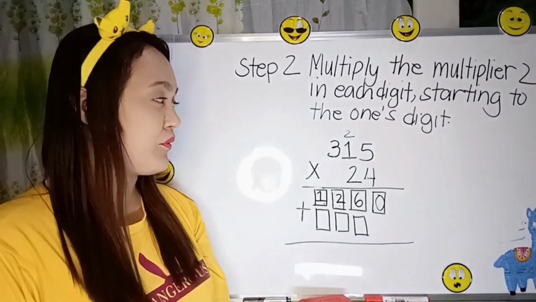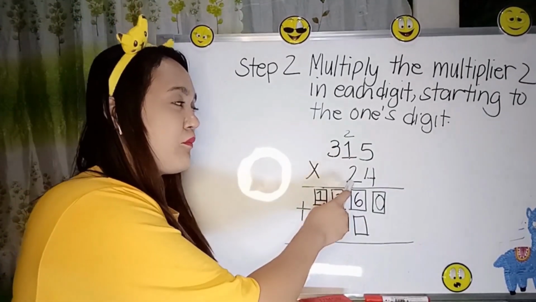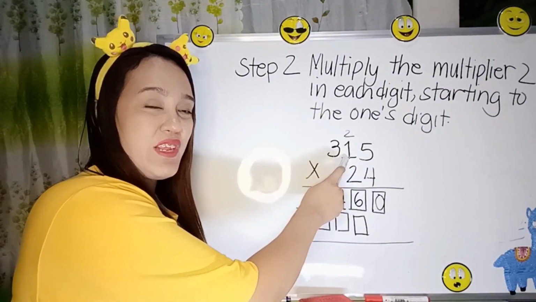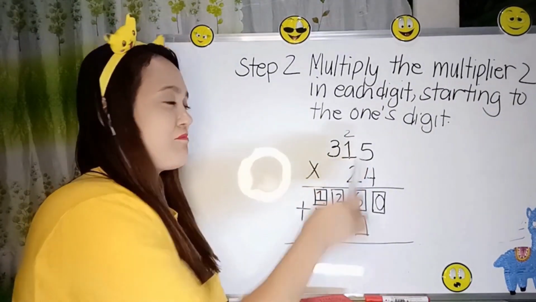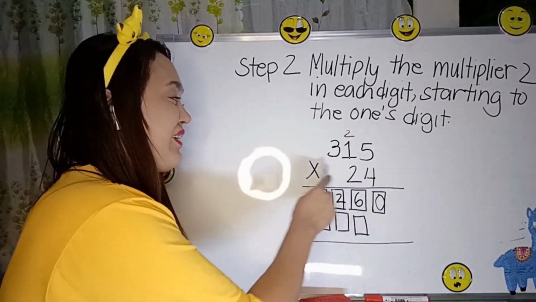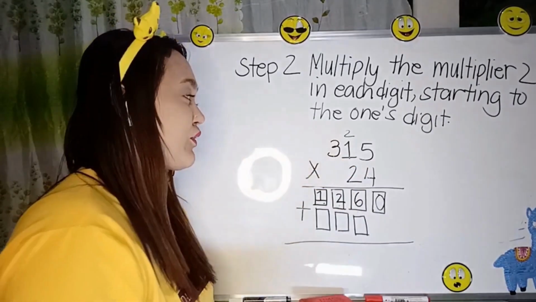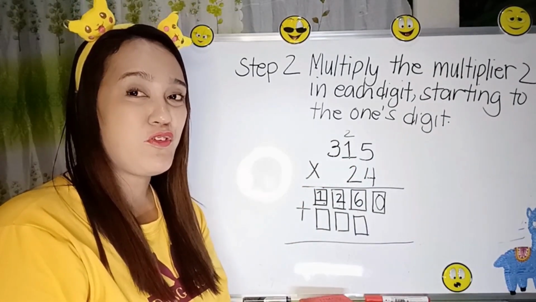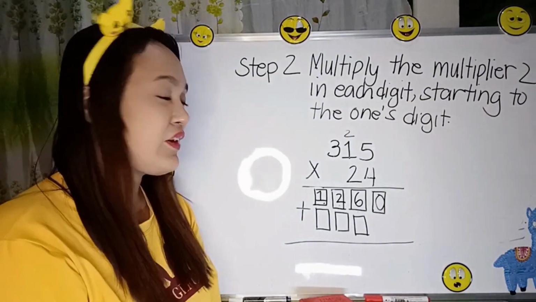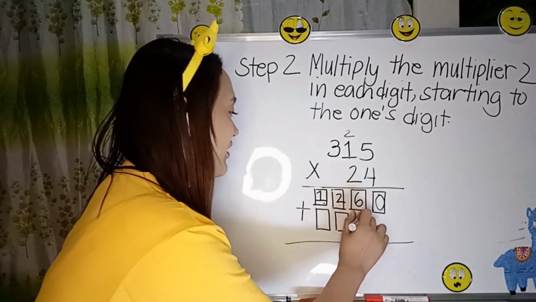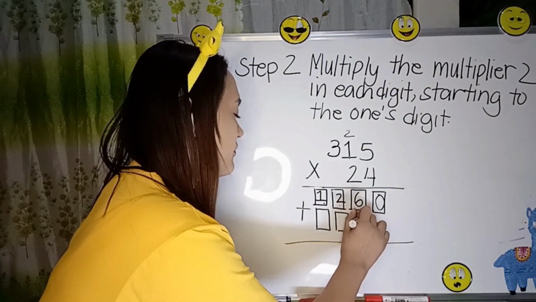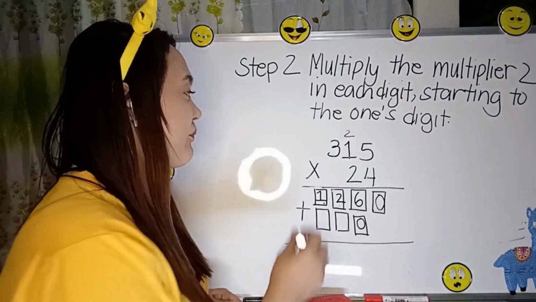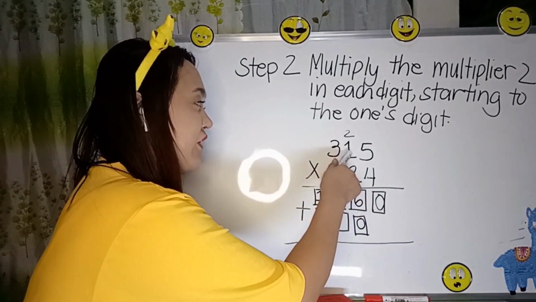Step number 2. Multiply the multiplier 2 to each digit of 315 from ones digit. So 2 times 5 is equal to 10. Since we have a 2-digit sum, we need to put 0 here and then add 1 to the product of 2 and 1.